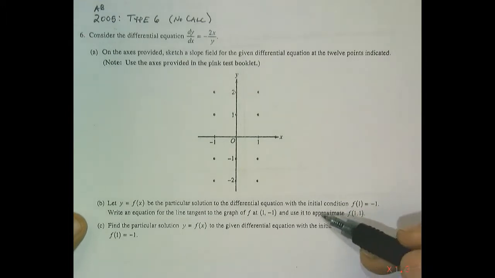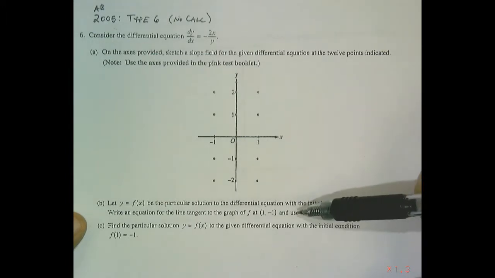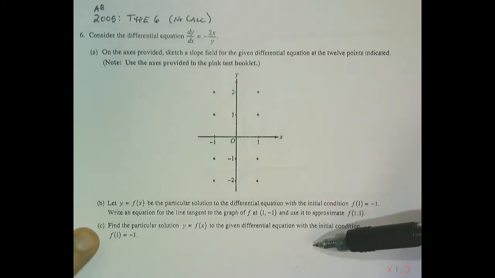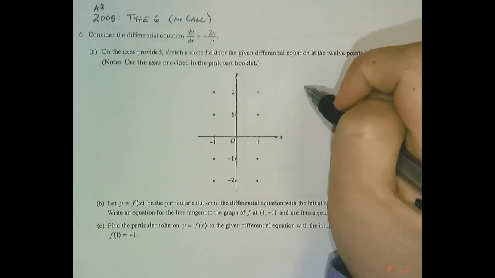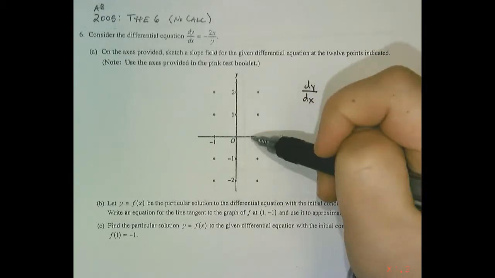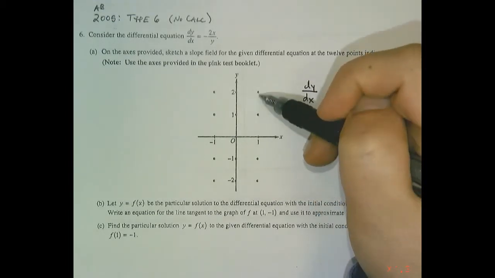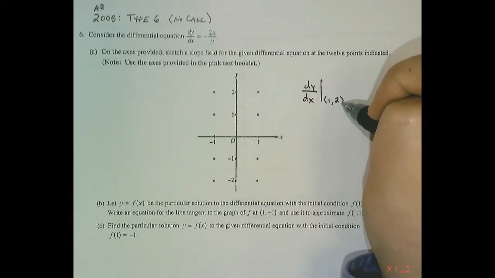In this case, it looks like we're doing tangent line approximations. So A and B are pretty straightforward. C is a little bit heavier on the calculus, but drawing a slope field consists of evaluating the slope at any given point. So if I went to the coordinate (1, 2), I'd be asking the question, what is the slope at (1, 2)?